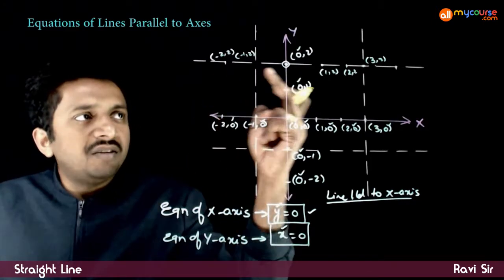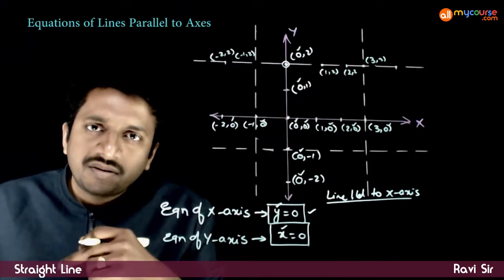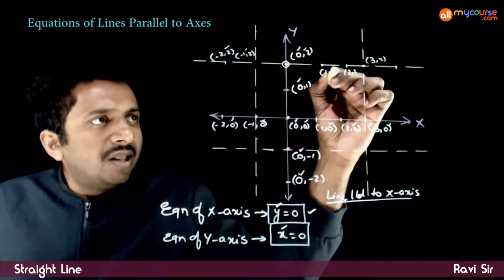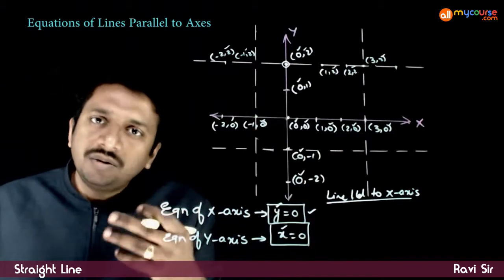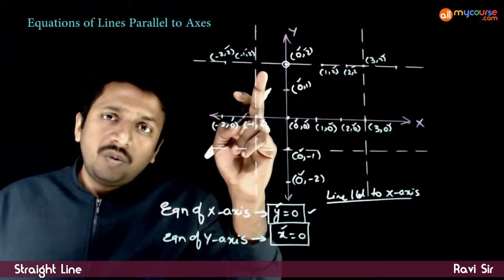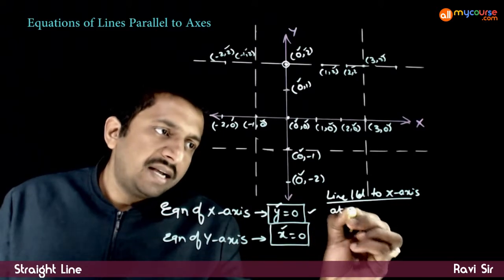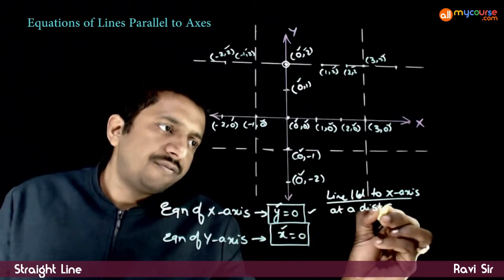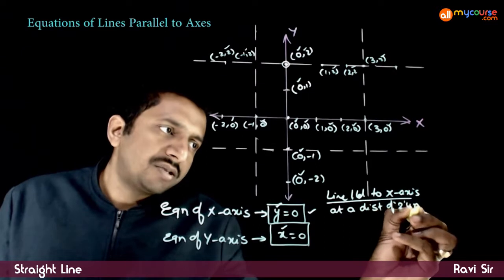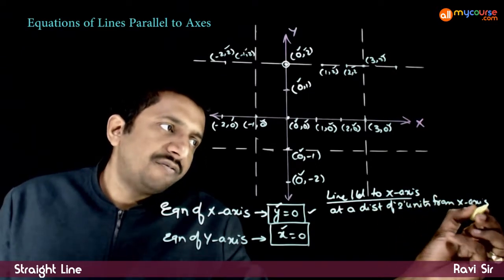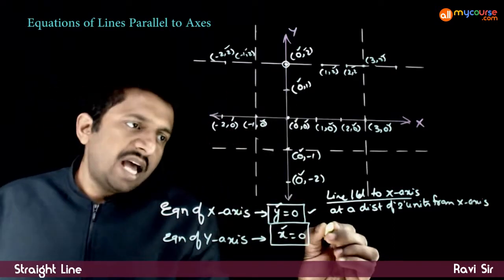Do you see something which is common to all these coordinates? As you can very clearly see, the y-coordinate of all these points will be equal to 2. So the equation of a line parallel to x-axis at a distance of 2 units from x-axis, above x-axis.